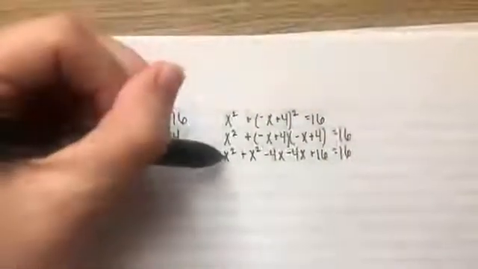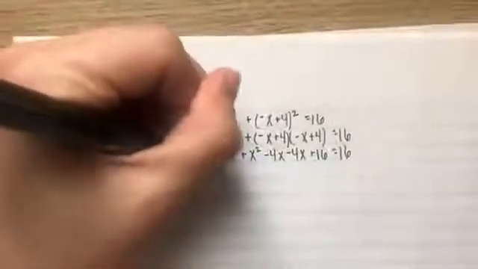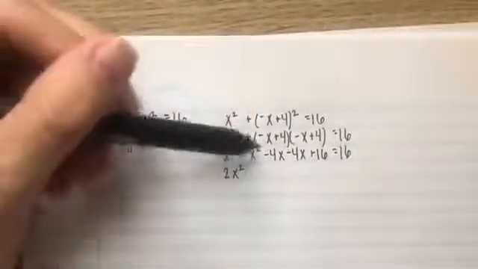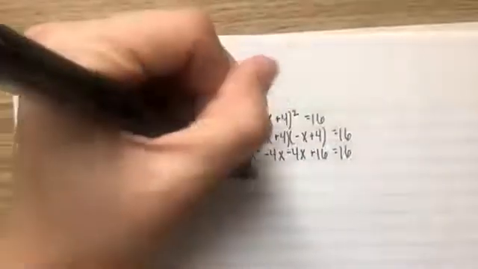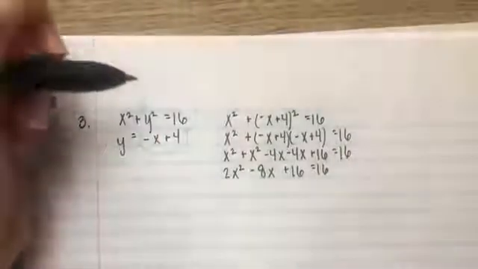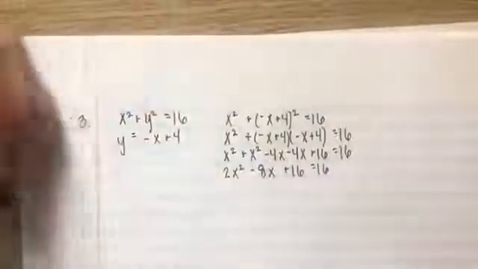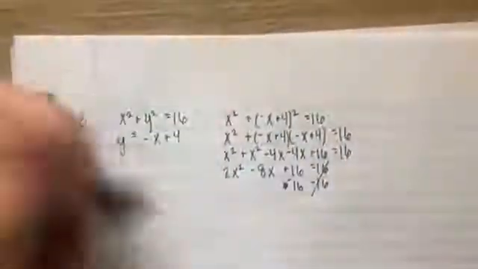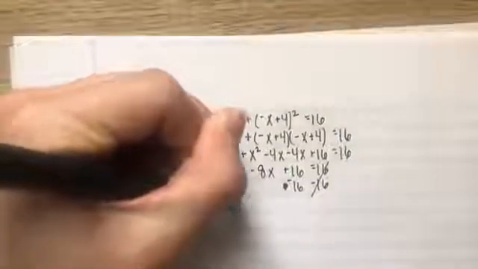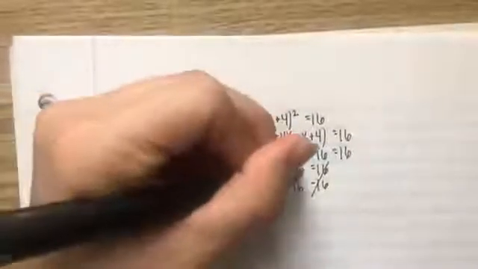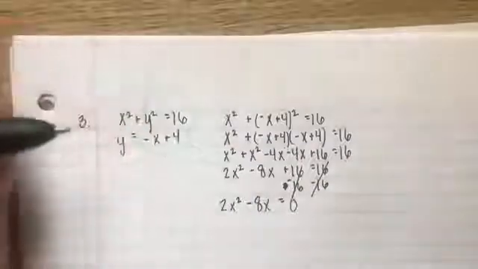And then I can combine like terms, so the x squared and the x squared I can combine to 2x squared. -4x and -4x I can combine into -8x, and then plus 16 equals 16. I can get this in standard form, so I can subtract the 16 over. Then I have 2x squared minus 8x, and 16 minus 16 also cancels out, so equals 0.